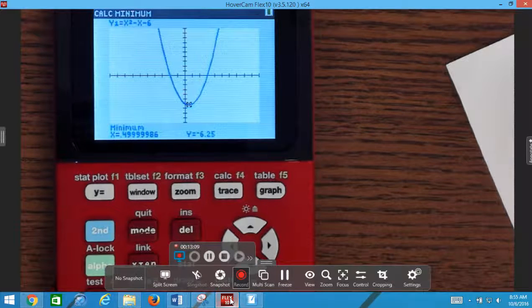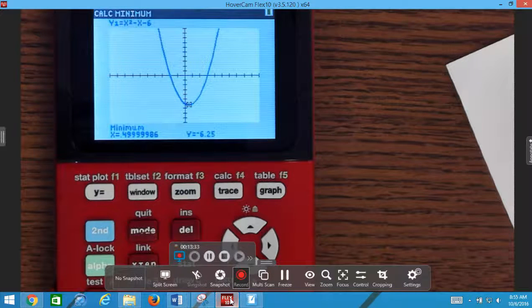Now, it's going to give you probably a weird decimal, and it might be different than mine. I have like point. Did you get exactly 0.5 or did you get 0.5000? Right. So the answer really, I promise you, if we did negative b over 2a, if we worked it out by hand, the answer would be 0.5, negative 6.25.